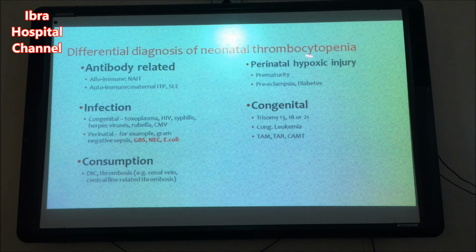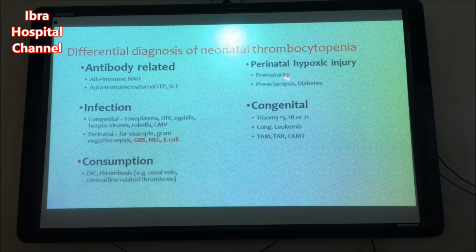This is the differential diagnosis of thrombocytopenia. It can be neonatal alloimmune, it can be ITP or SLE. Infections, all kinds of infections can cause thrombocytopenia. DIC, thrombosis, hypoxic injury like in prematurity and preeclampsia, diabetic mothers.